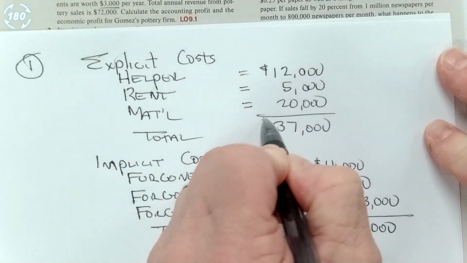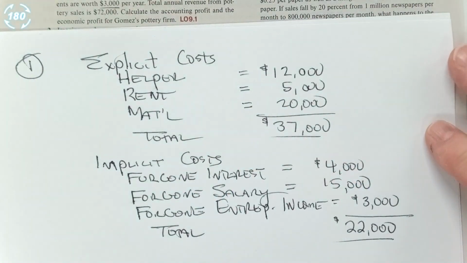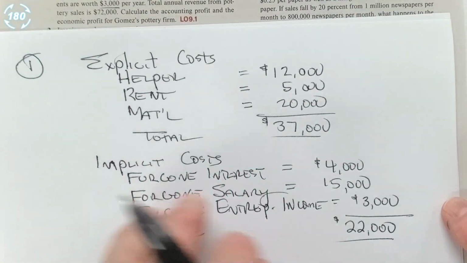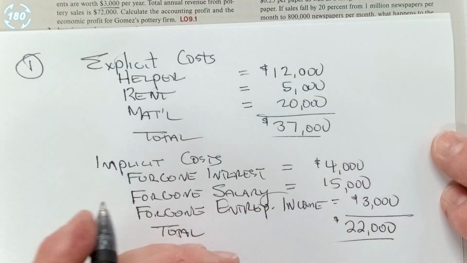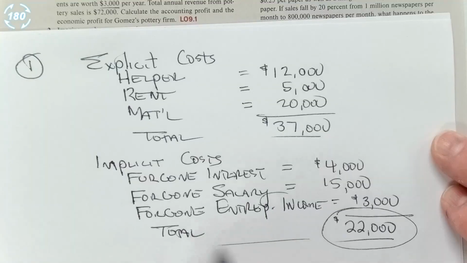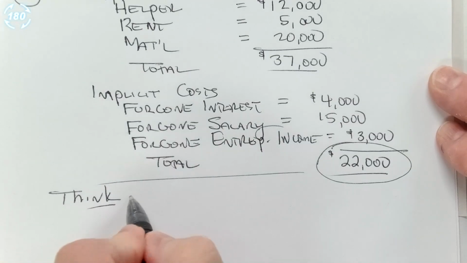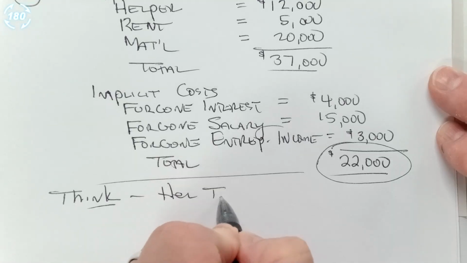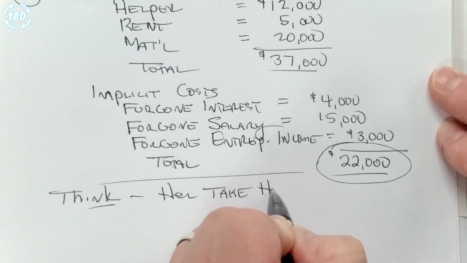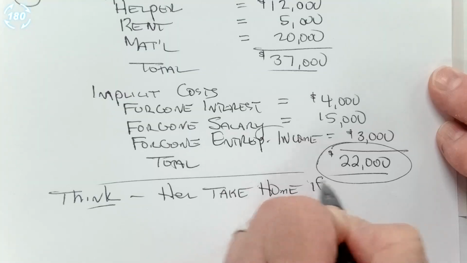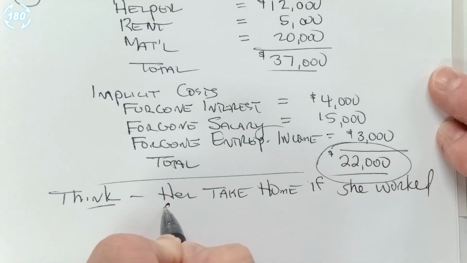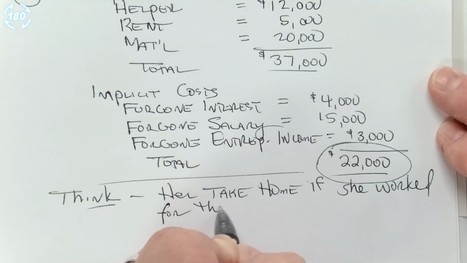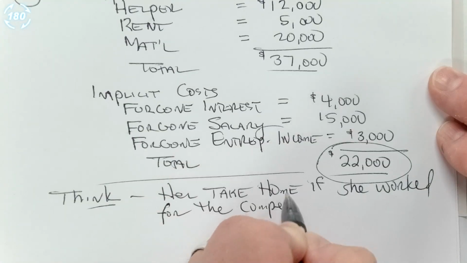Okay. So there's explicit costs. So if you think of the $22,000 here a second, this is what she could take home if she took employment with a competitor. Okay, let's think about it in this way. This is her take home. This would be her take home if she worked for the competitor and didn't try to do her own business.